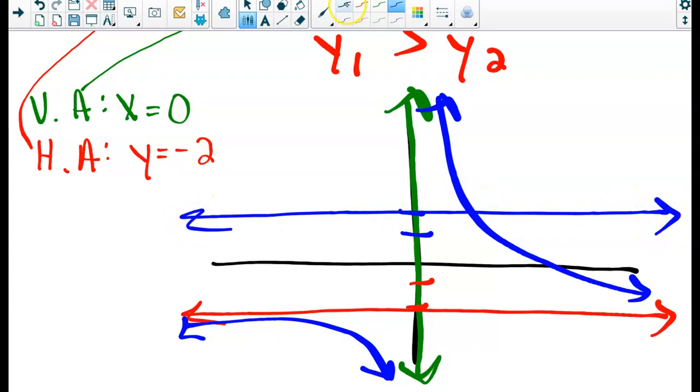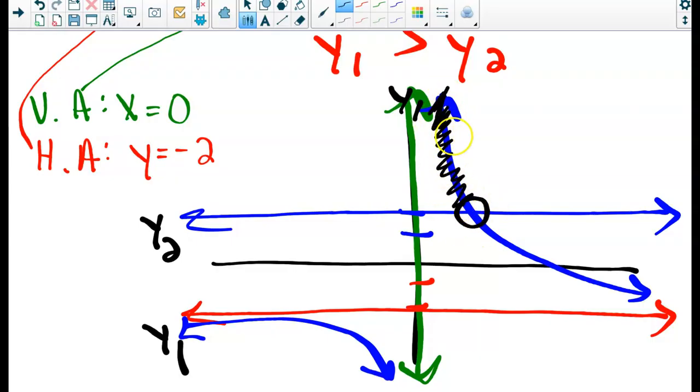And I want to know where is y1 greater than y2? So here's my y1, and here's my y2. That's going to be right here, that shaded area right there. So I need to find this ordered pair, this point. Make sure that you're able to do that with your calculator.